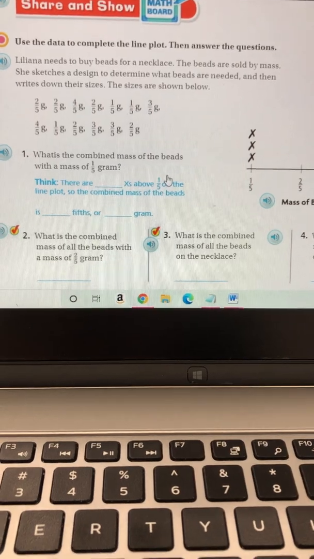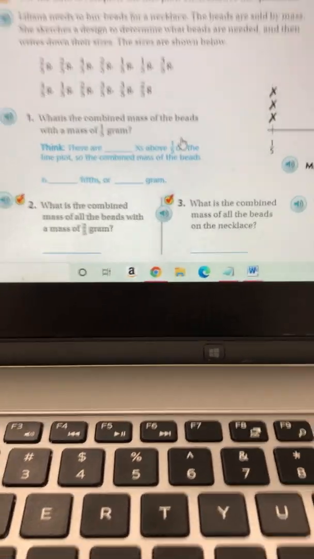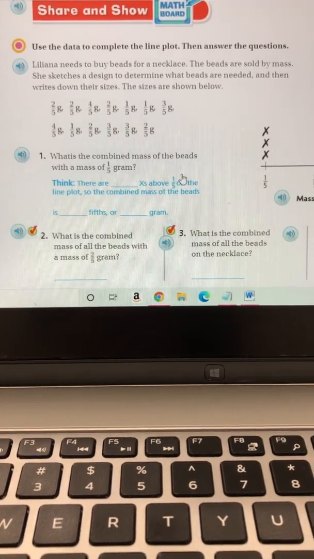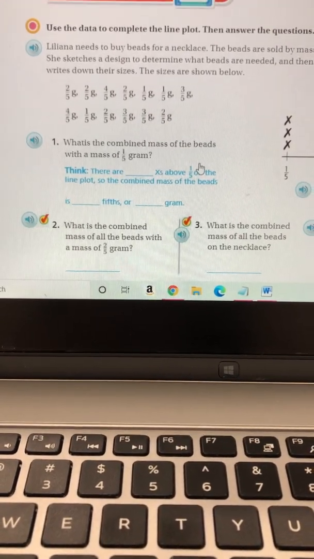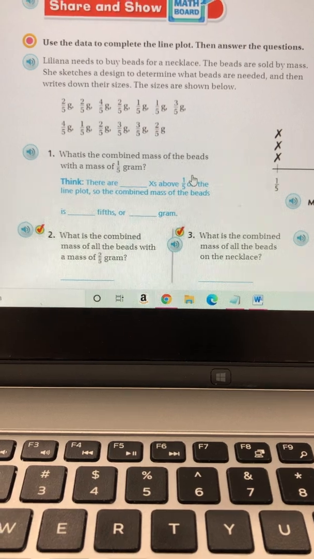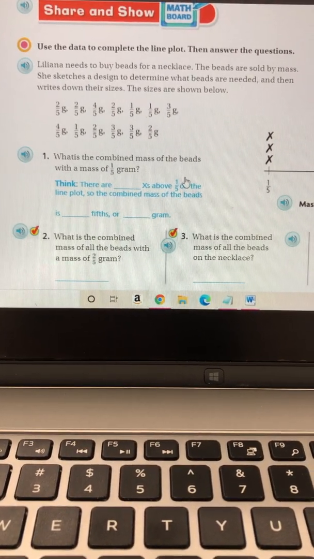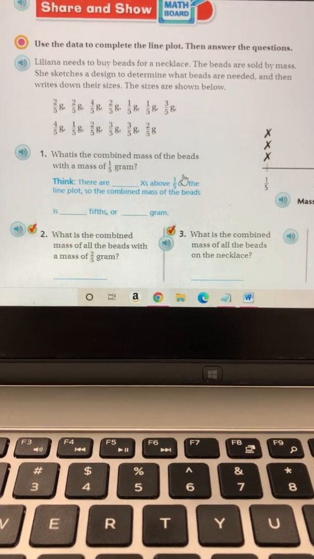These are line plots, and line plots has a lot of everything we've learned, from adding fractions, subtracting them, multiplying them, dividing them. Not so much multiplying and dividing, more so adding and subtracting. Okay.